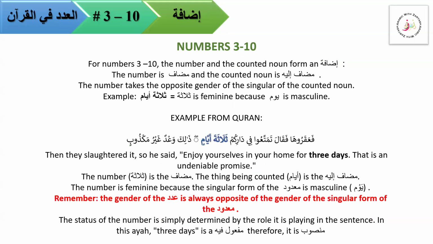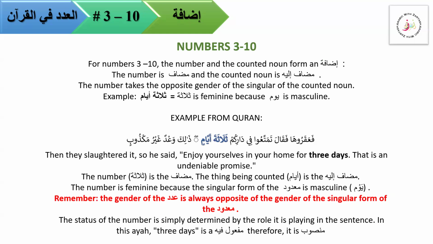And the numbers from 3 to 10, whenever we see them, we know that this part is going to be an idafa. So for 3 to 10 numbers, the number and the counted noun, the madud, form an idafa. The number is the mudaf, and the counted noun, the madud, is mudaf ilayh. Simply, this rule is what we are going to remember.